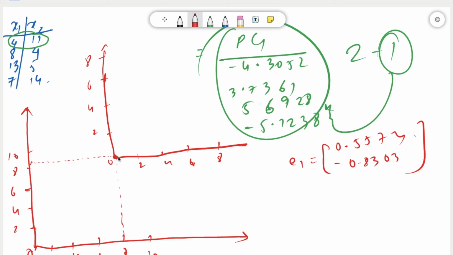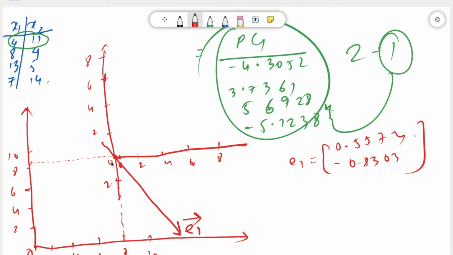So 0.55, okay, this is 1 and half of that will be this one, so 0.55 here and minus 0.83. If we extend this, this is 2, this is 1, so somewhere close to this one. This is the point we want. We will draw a line touching this, and we'll name this E1 cap.